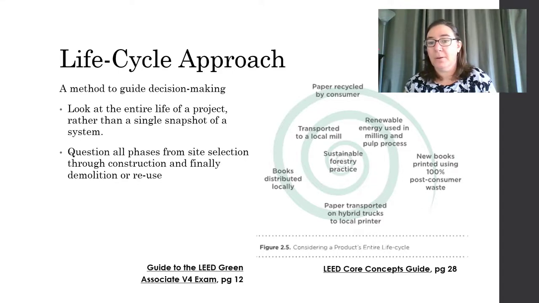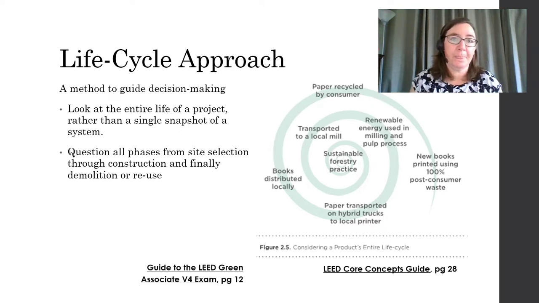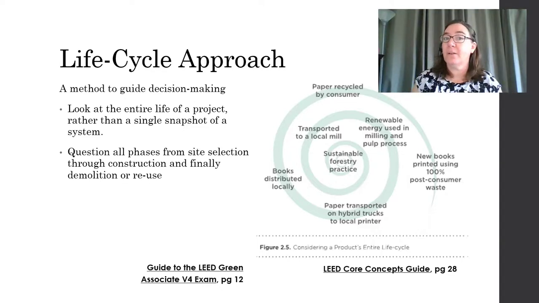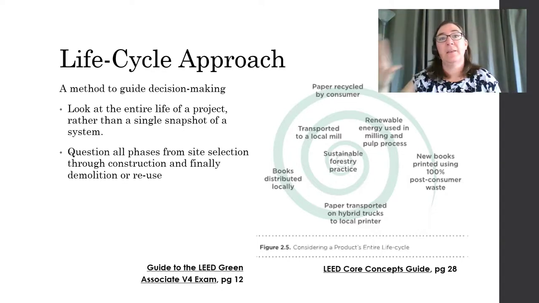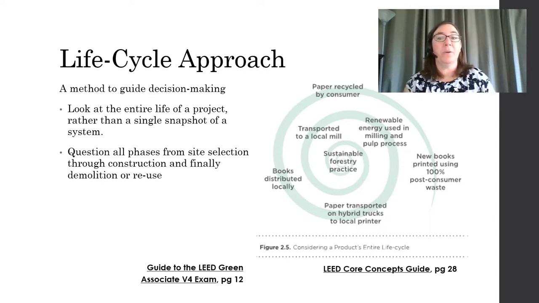Looks like it's paper. After it's manufactured, it's transported again to a printer, transported again to a distributor, to a bookstore. And then the product is used, but we've got to keep thinking about it through the end of its life. And so the paper is recycled at the end of its life, and that waste stream is poured into a new product. New books are printed using 100% post-consumer waste.